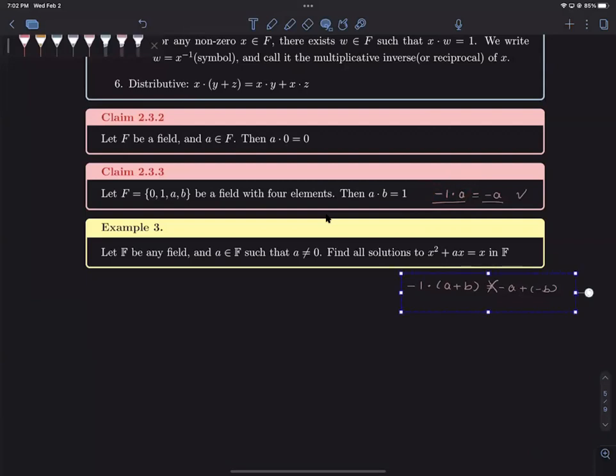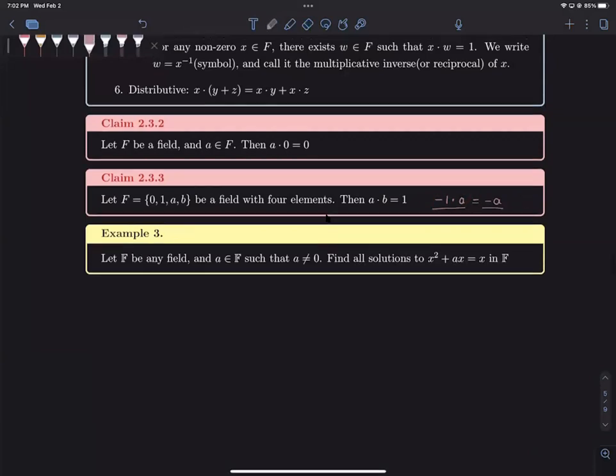It's not distribution, it's just showing you that negative 1 times A is the additive inverse of A.